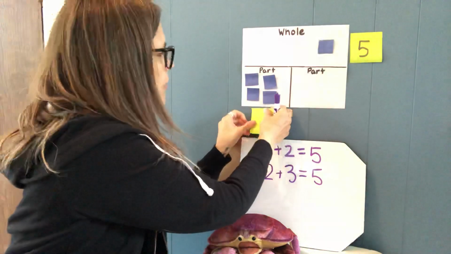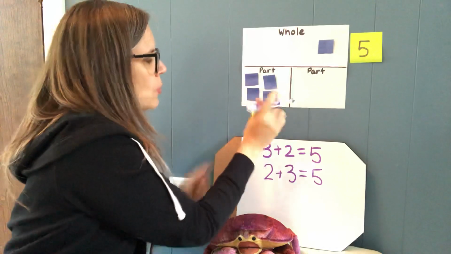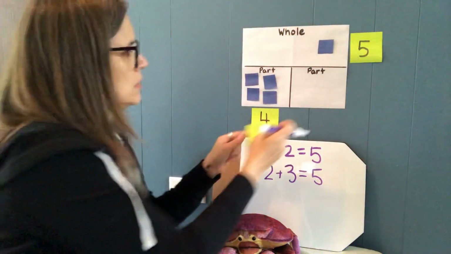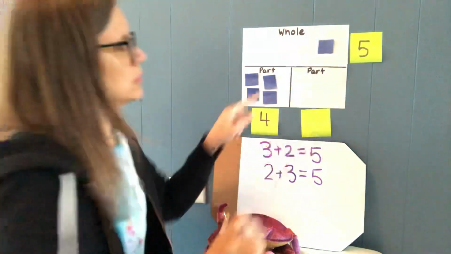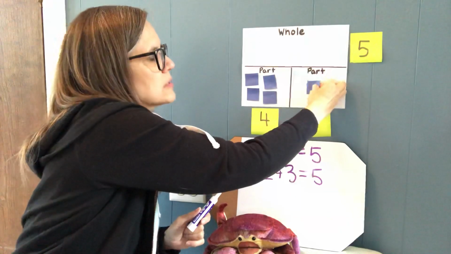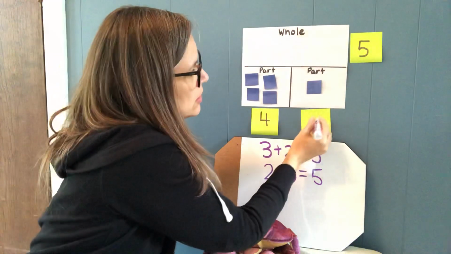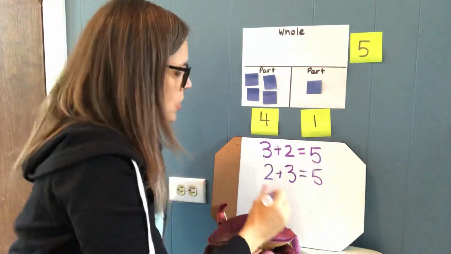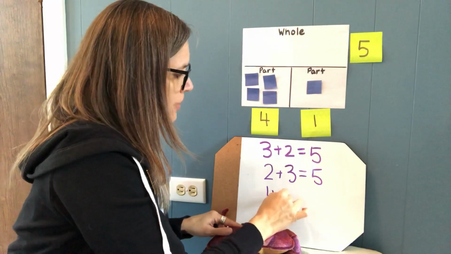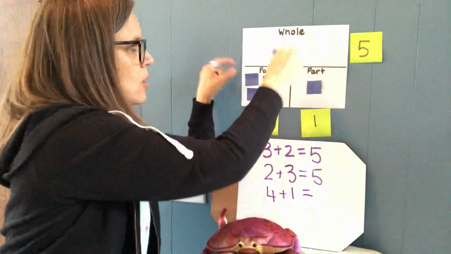Let's put our number under it. 1, 2, 3, 4. Okay, 4. Now, how many will be in this part? We split our whole into 2 parts. 4 on this side, and how many here? 1. So we could say 4 plus 1 equals, what was our whole?